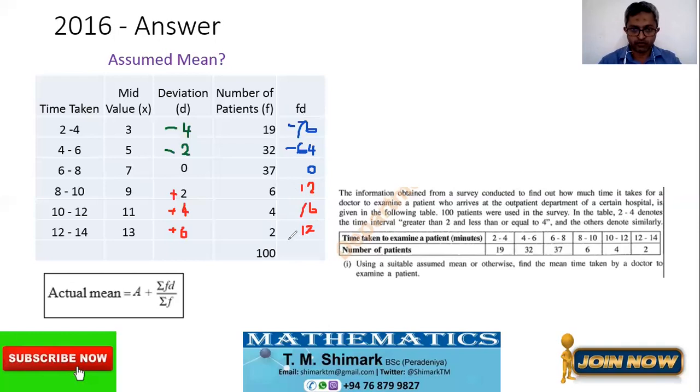So let's check what the addition of this is. We check here: the plus and minus values, here it's going to be 140, and here it's going to be plus 40. So our answer is going to be minus 100, the addition of FD.